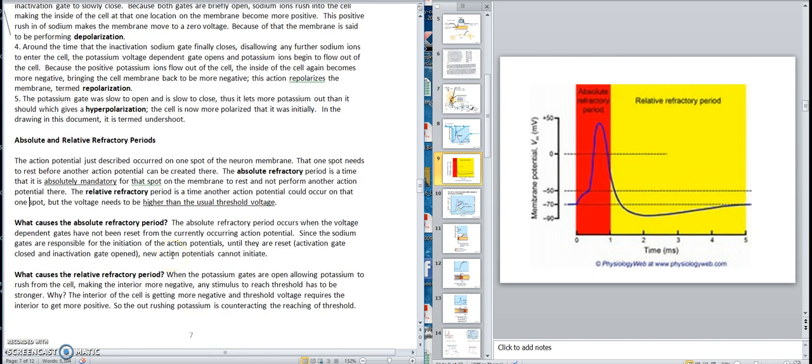Okay. What causes the absolute refractory period?